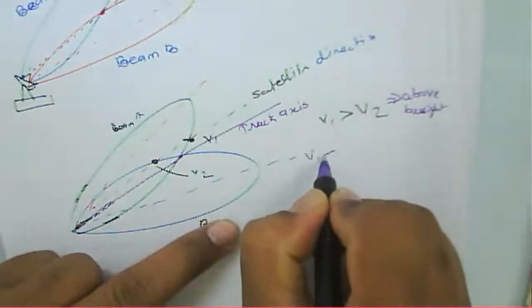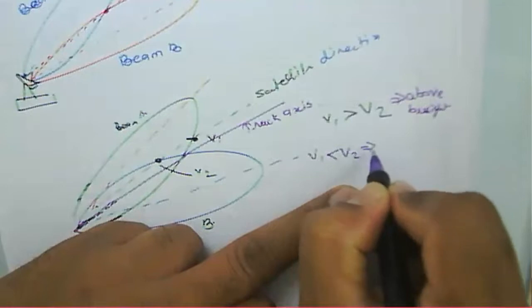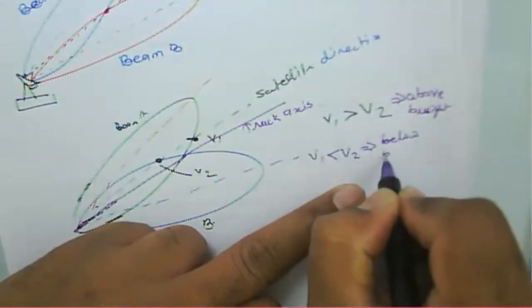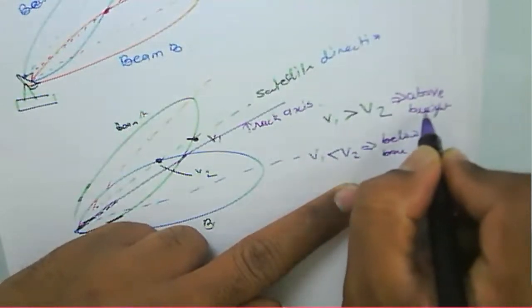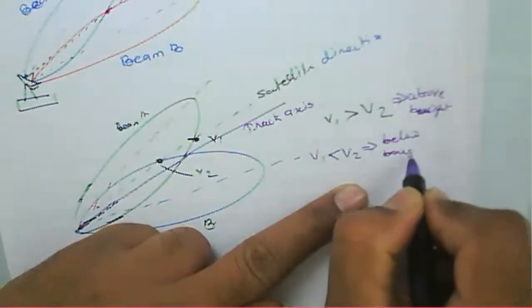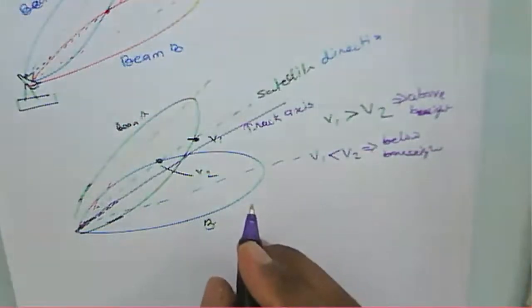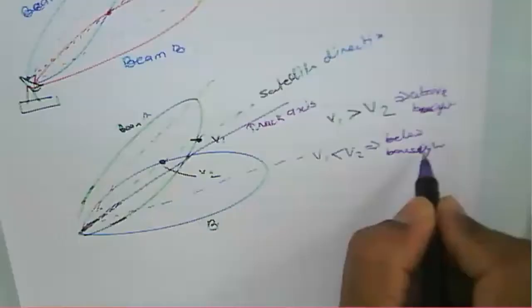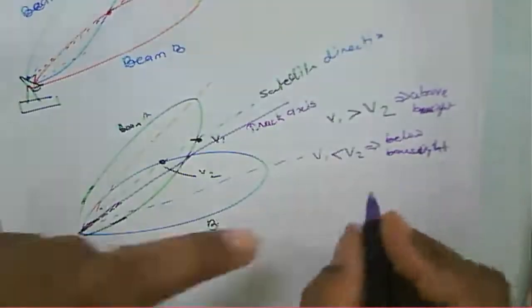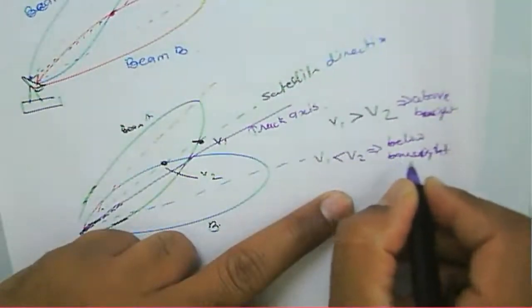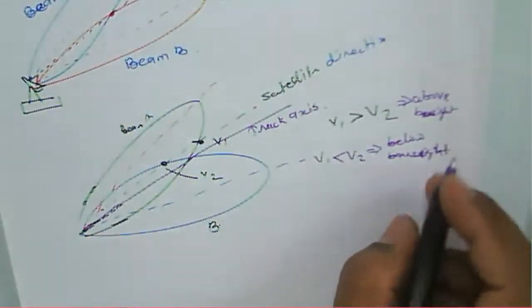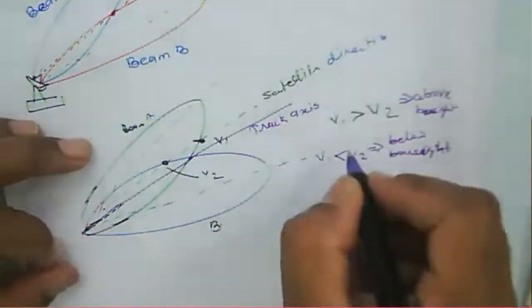Then we can say that this is the boresight here. So that is below boresight, and this one is above boresight.